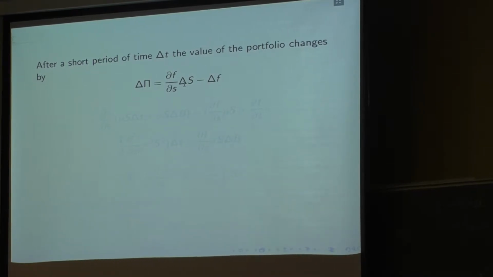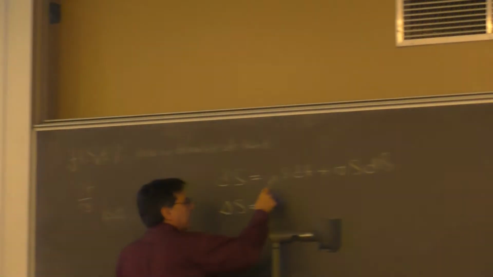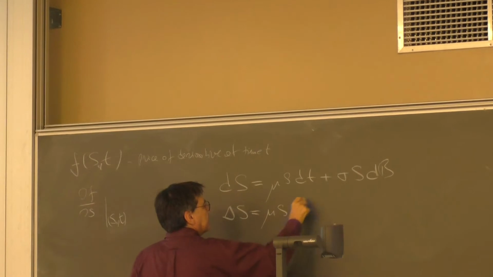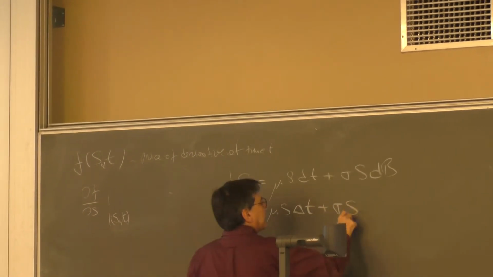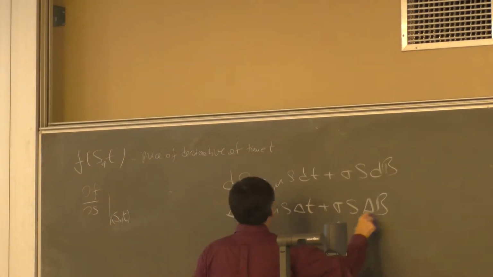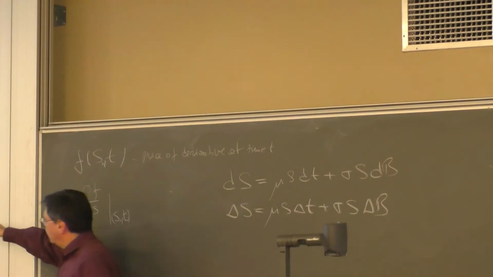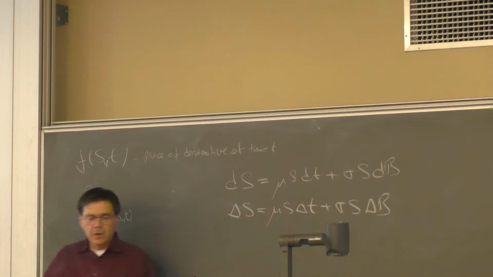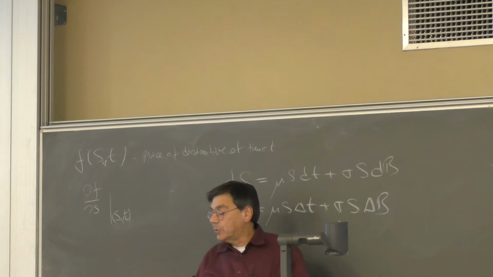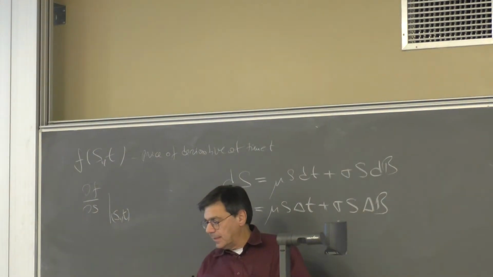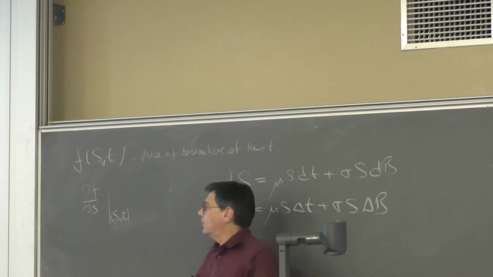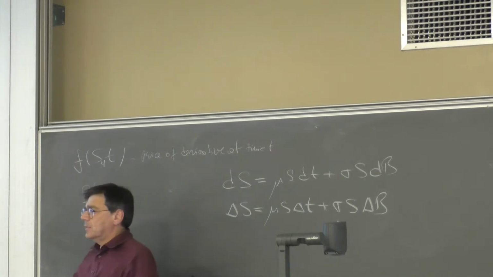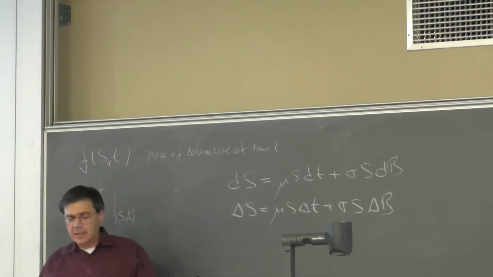Over a short period of time, the change in the underlying asset price is going to be mu S times delta t plus sigma S times delta Brownian motion. That delta Brownian motion from here. Okay, so we know what to write instead of delta S. It's this. And delta f, we've just computed using Ito's lemma. We know exactly what delta f is. It was in the previous slide.